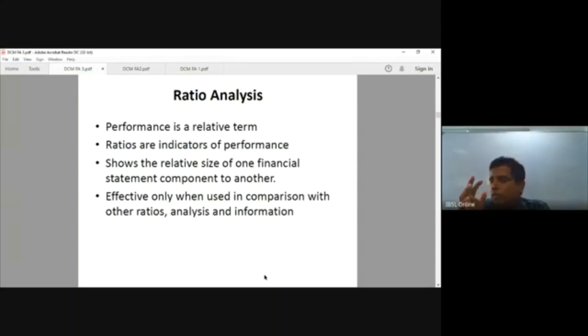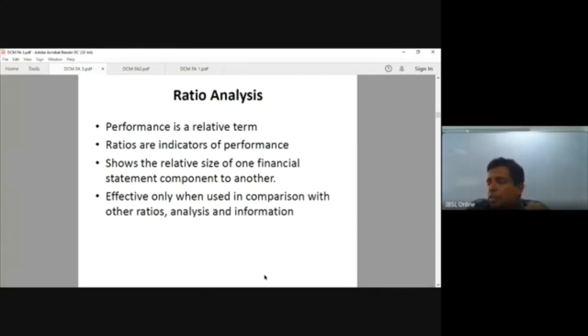The last point is also very important: ratios are effective only when used in comparison with other ratios, other analysis and information. There is no conclusion where you can use only ratio analysis for a financial evaluation, right?